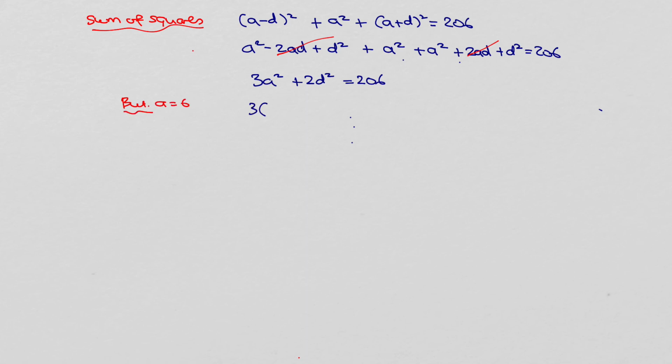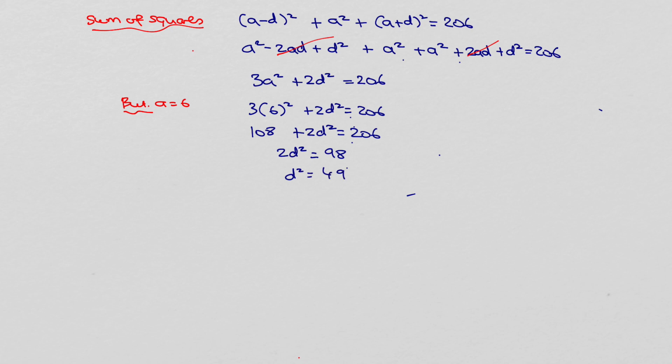So that means that I can put in for a, so 3 times 6 squared plus 2d squared equals 206. So 6 times itself is 36, and 36 times 3 is 108, plus 2d squared is equal to 206. So 2d squared is equal to 98, d squared is equal to 49, and if I get the square root of 49, I get plus or minus 7.